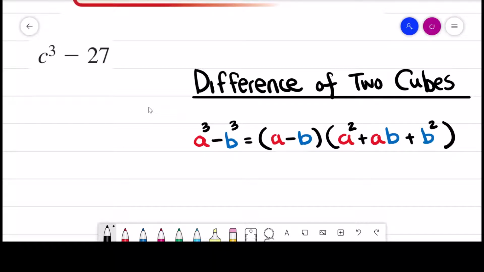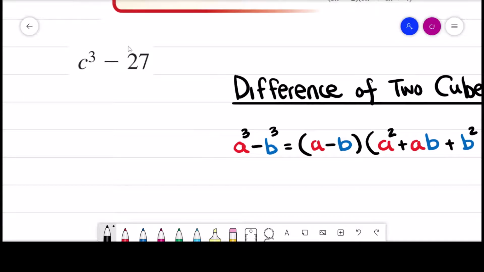So like I said, the first thing we have to do is rewrite this polynomial. One thing I want us to pay attention to is this 27. It can also be written as 3 times 3 times 3, or as 3 to the third power, or 3 cubed, which is the same thing as 27.